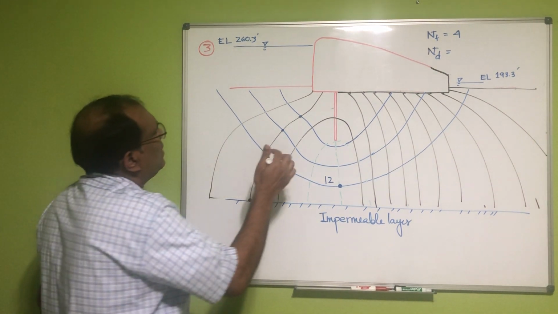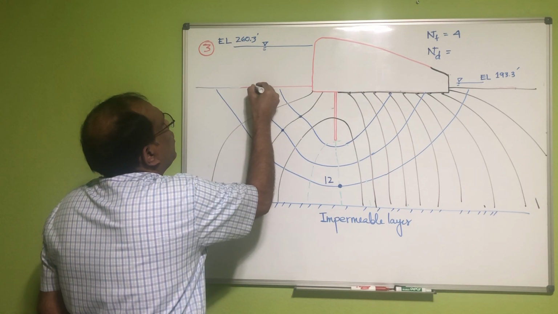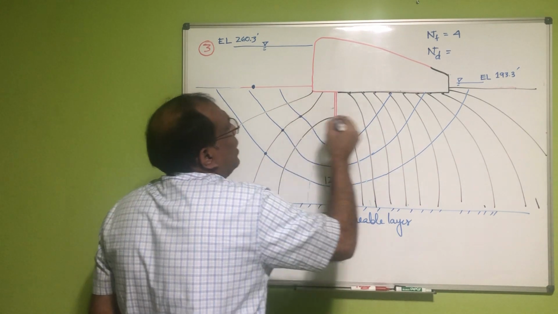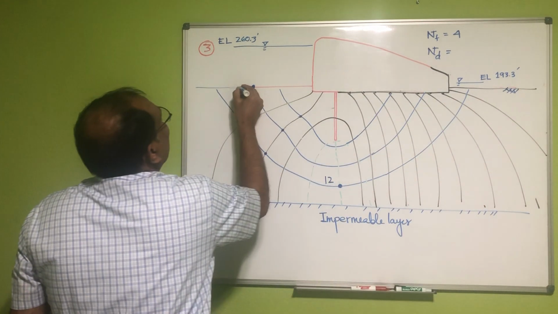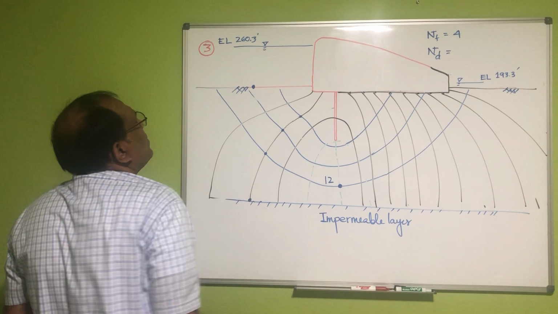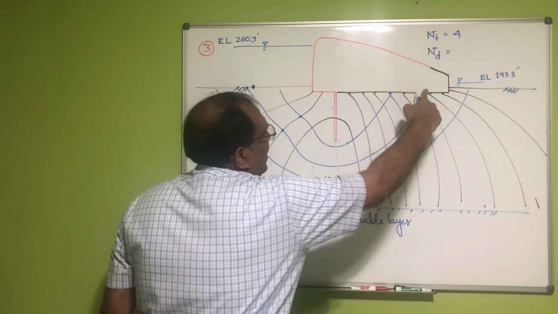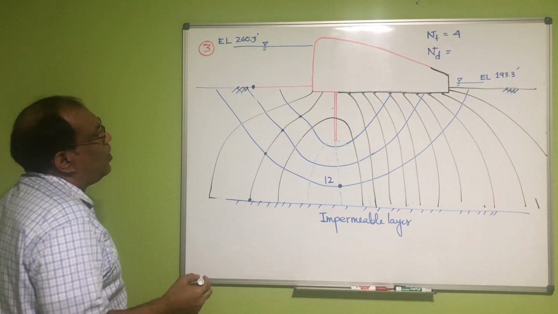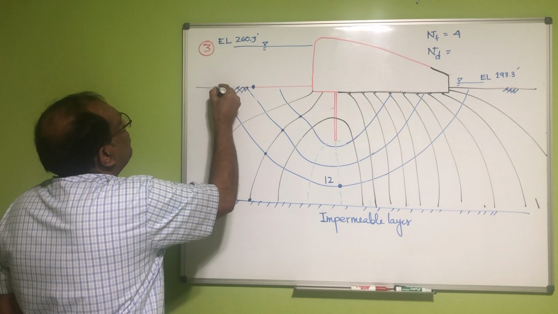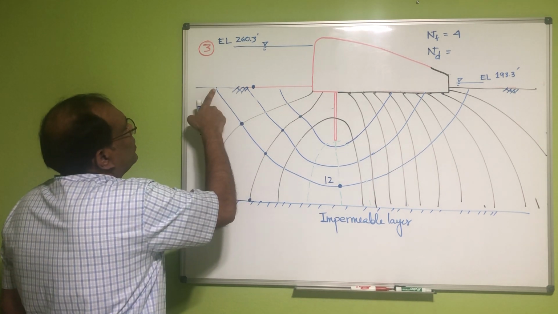You can see here the first drop, actually this is your water level, this is your soil layer here. So you usually follow any of those paths and see how many drops you have. We call that an equipotential drop. The first drop would be actually here, not this one, okay?